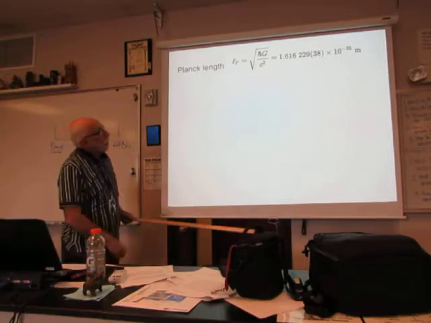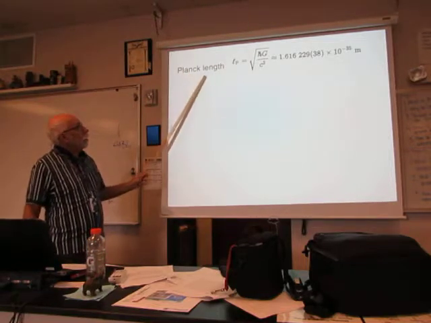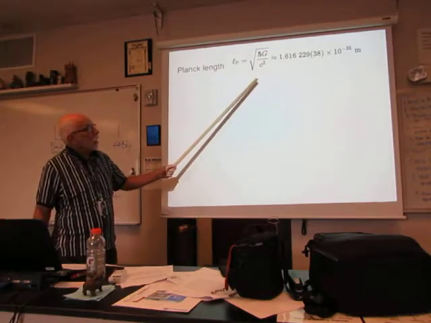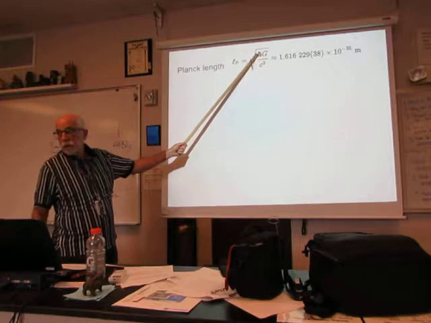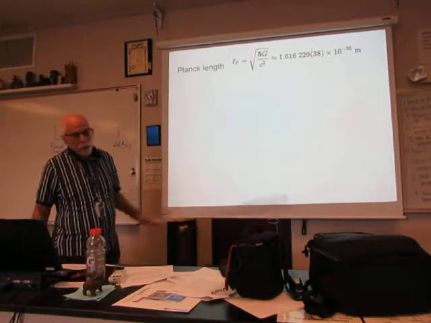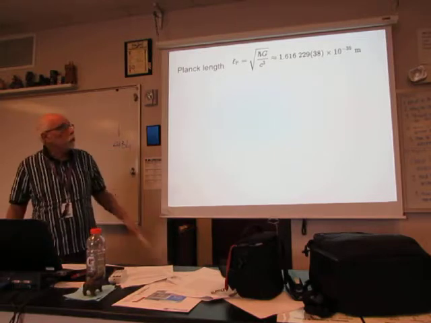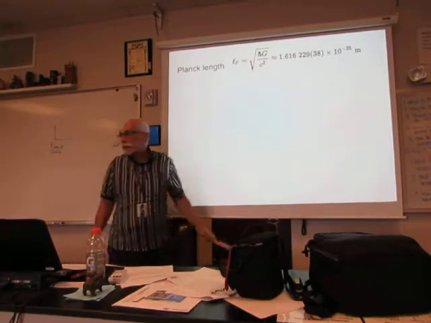Okay, so here's what I mean by mixing together the parameters. If you want to get a Planck length, here's what Max Planck did. He took his constant, which has certain units, Newton's gravitational constant, and the speed of light cubed, and if you do that and take the square root, you get the units of meters.